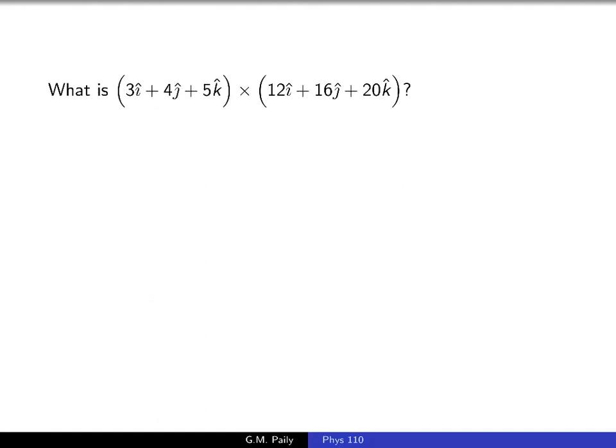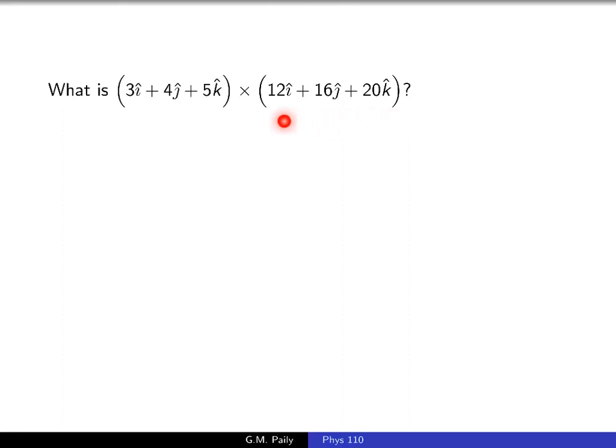To evaluate this cross product, you could simply multiply it out and add up the various terms and get the final answer. But in this case, it is much simpler to note that this vector is simply 4 times this vector. 3 times 4 is 12, 4 times 4 is 16, 5 times 4 is 20.